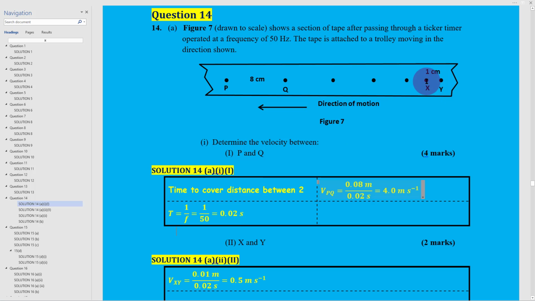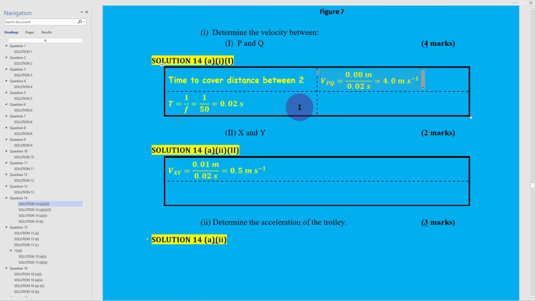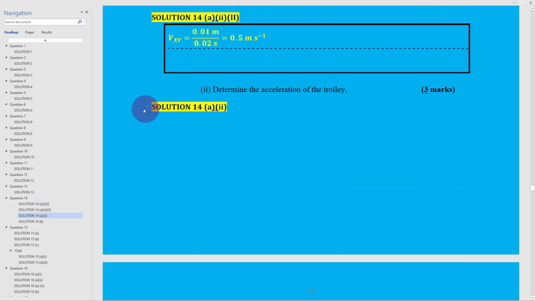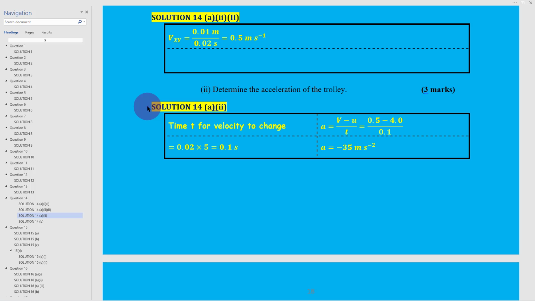So if you add this half and this other half here, you actually get 0.02 seconds. So that having been taken care of, you now multiply 1, 2, 3, 4 by 0.02, and then you add another 0.02. So you understand why the other 0.02 is added, because there is a half here and there is a half here. So that is how you get the time for the velocity to change.